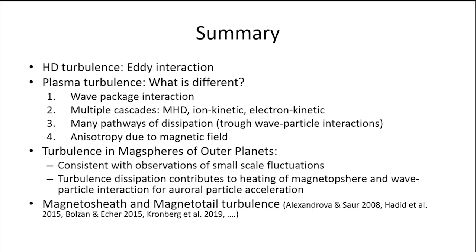And the turbulence in the magnetospheres of the outer planets: the small-scale magnetic field fluctuations in these magnetospheres are consistent with a turbulent cascade shaping these fluctuations, and they appear to play a major role because their dissipation can significantly contribute to the heating of the magnetospheres and maybe play a major role in wave-particle interaction for accelerating electrons and maybe also ions.